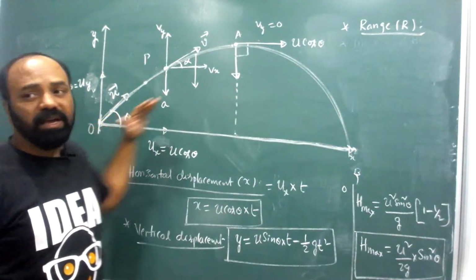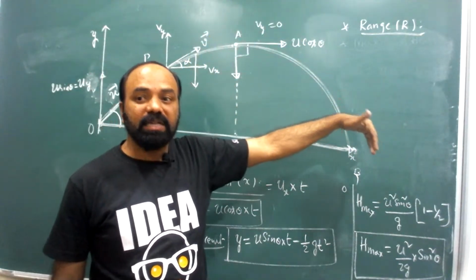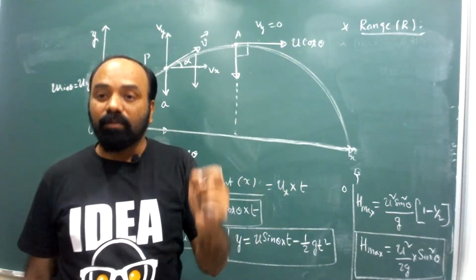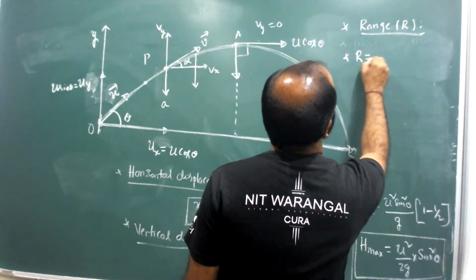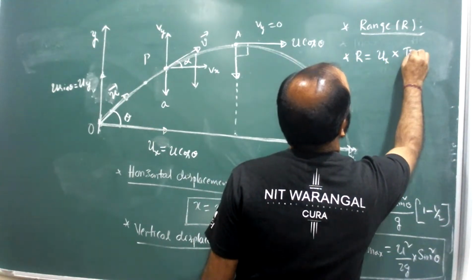While moving up it is ascending, moving down it is descending. So it is a product of horizontal velocity and the time of flight. Range equals horizontal velocity into time of flight.